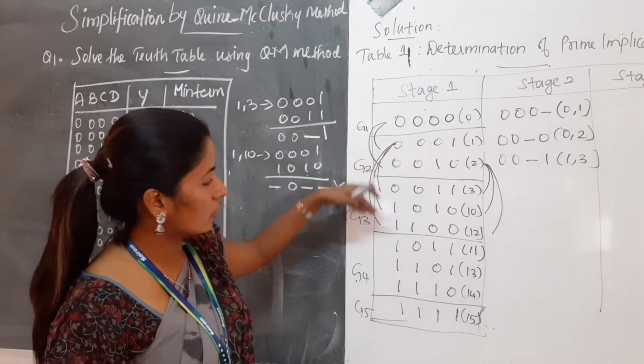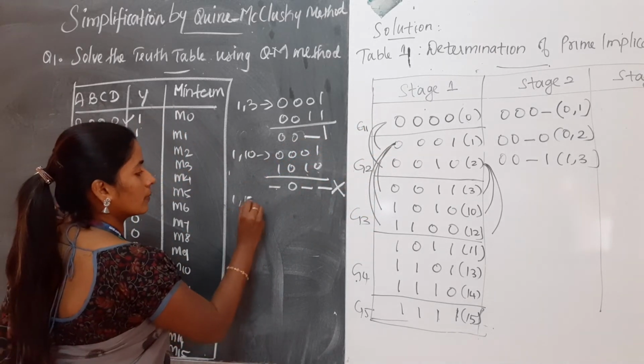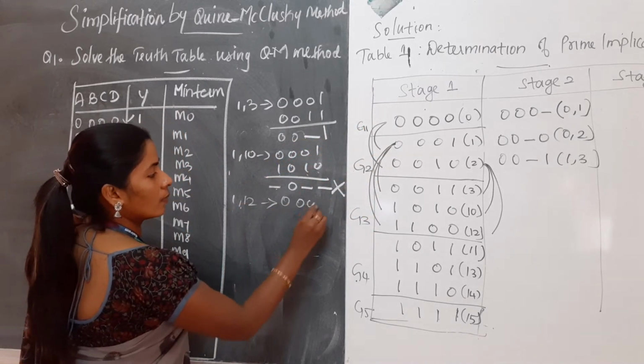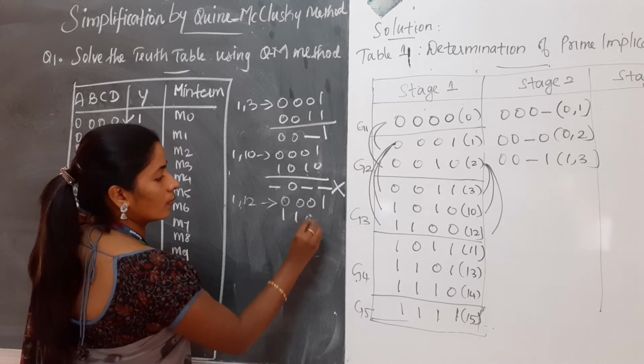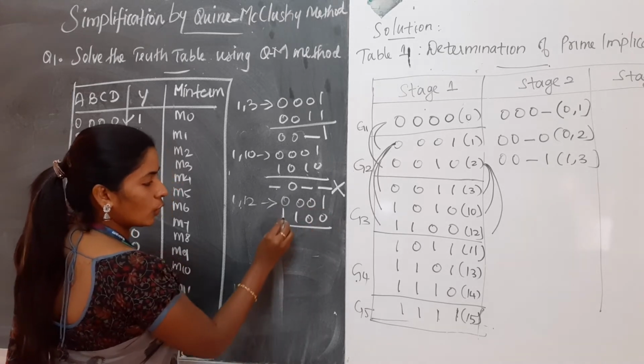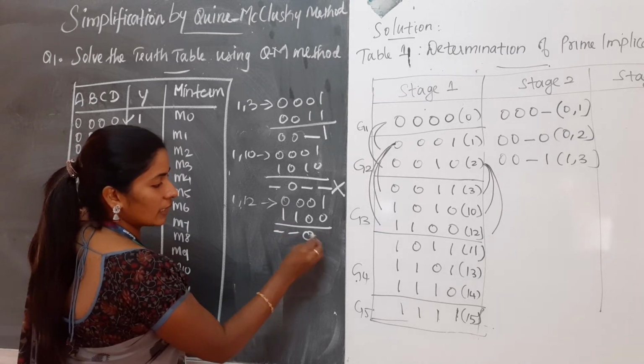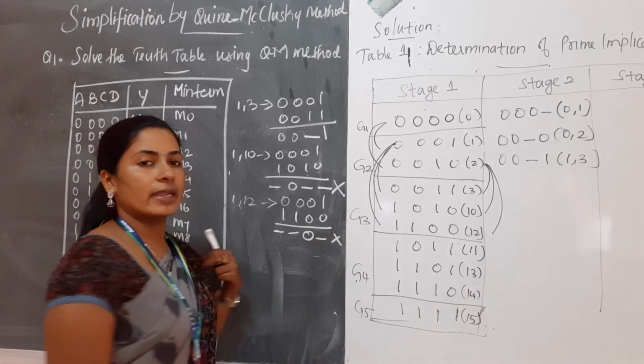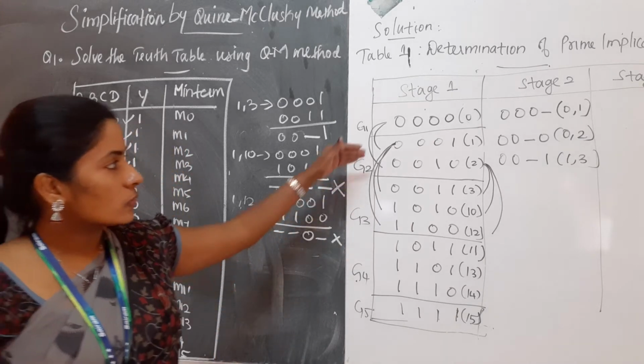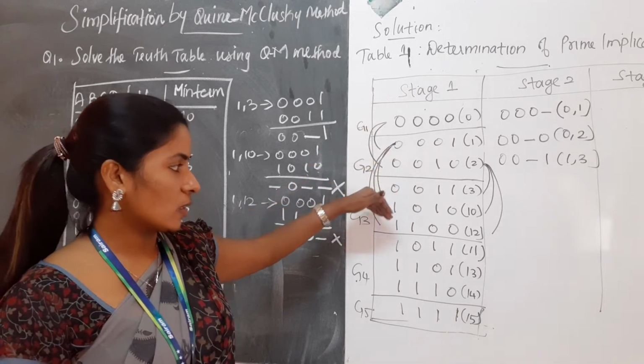Next I compare 1 and 12: 0 0 0 1 and 1 1 0 0 gives dash dash 0 dash. So this also gets cancelled. So I compared 1 with all the elements of G3.